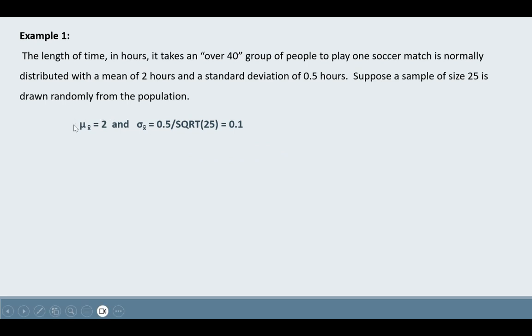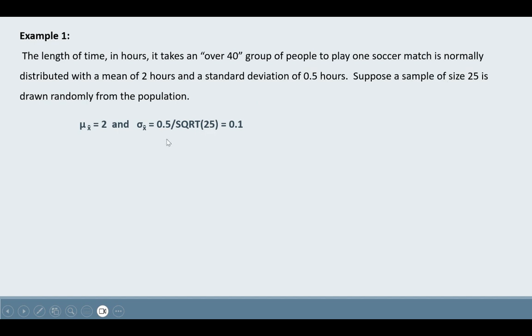So you can see here, this mean mu sub x bar is going to be the same as our original one, so it's equal to 2. And our new standard deviation, sigma sub x bar, is equal to the original standard deviation of 0.5 divided by the square root of our sample size. And it says over here that a sample of size 25 is drawn randomly from the population.